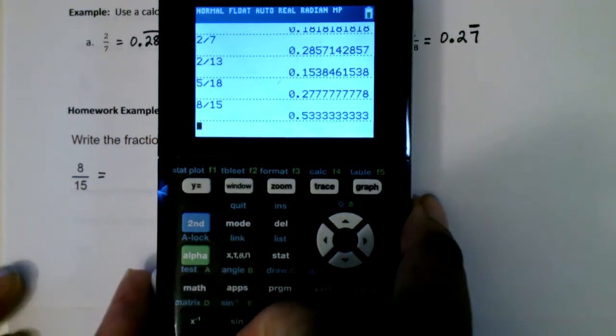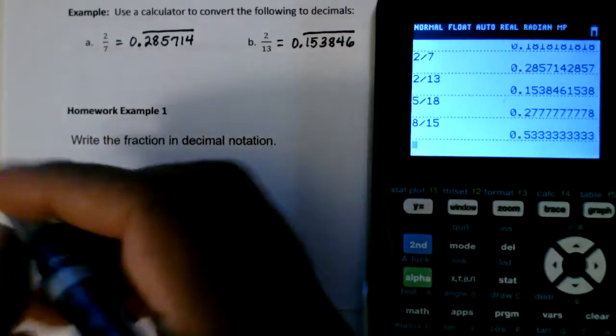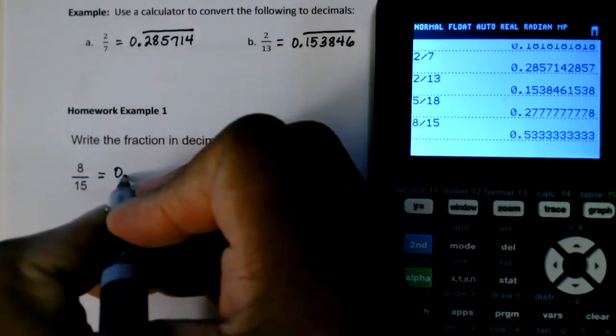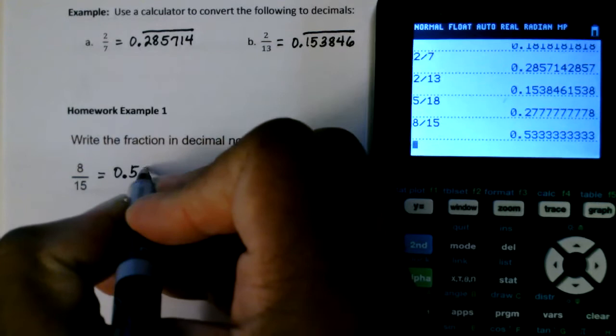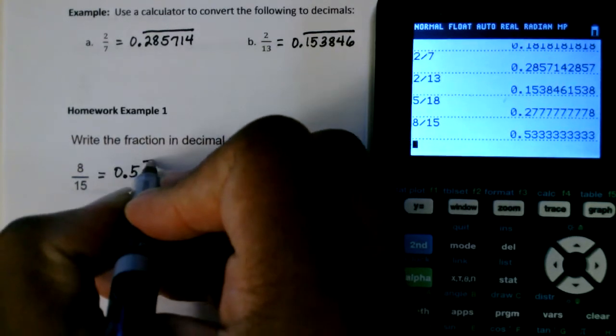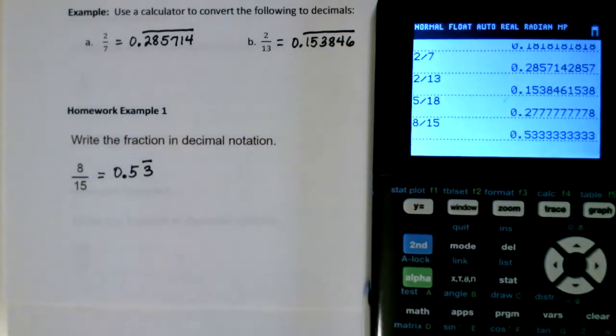So 8/15 as a decimal would be 0.5, and we put a bar only above the 3 to show that the 3 repeats. So that's how we write that in decimal notation.